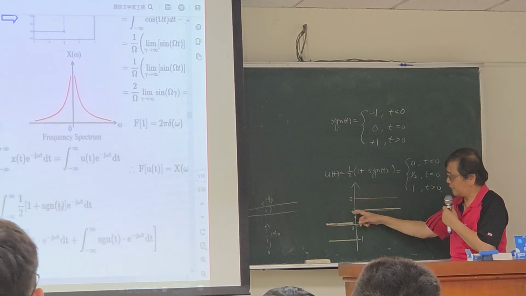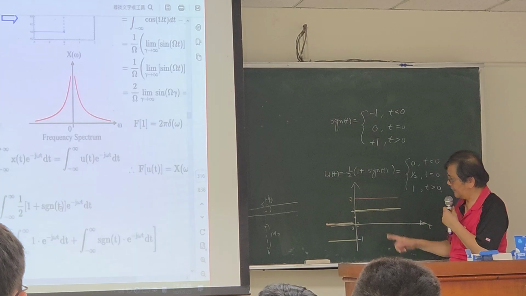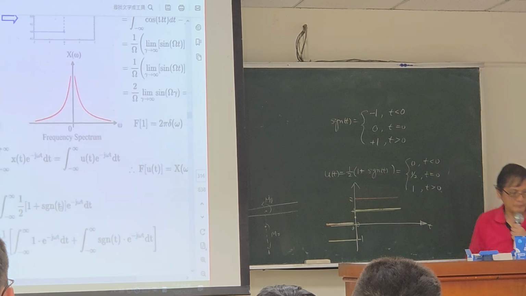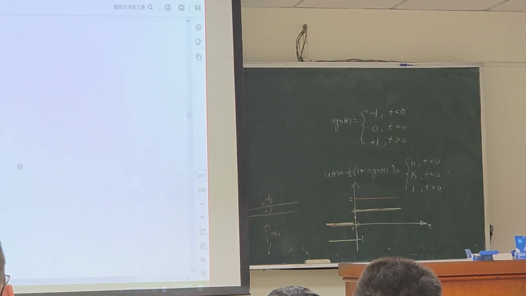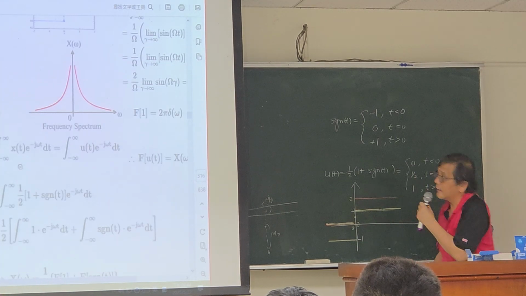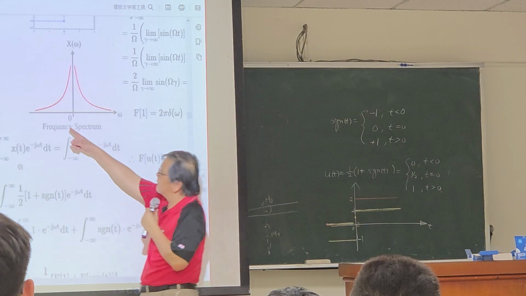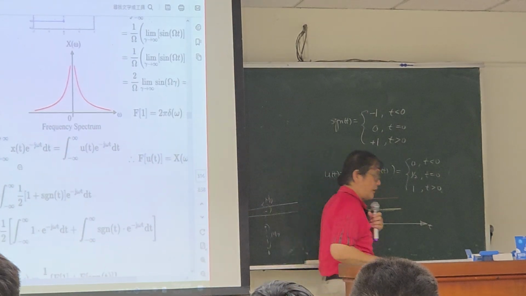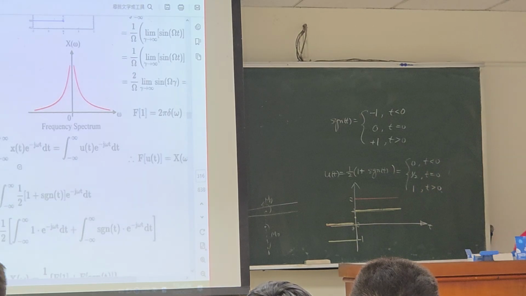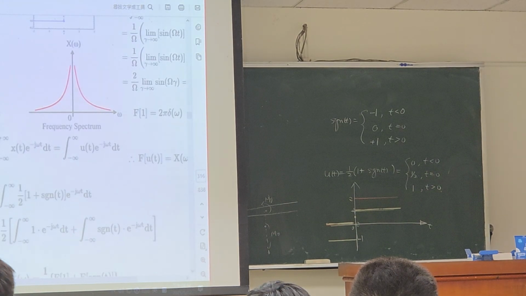Okay, so we make this kind of modification by adding the midpoint. All right, so that's the Fourier transform of the unit step function. Okay, and then eventually it looks like this: a kind of L shape, but there's a spike at the center, which is at omega equals 0 frequency.